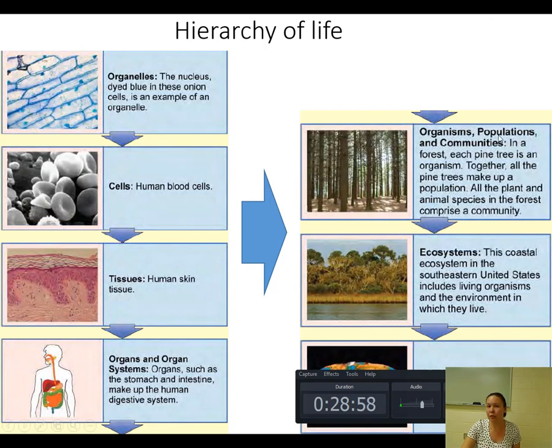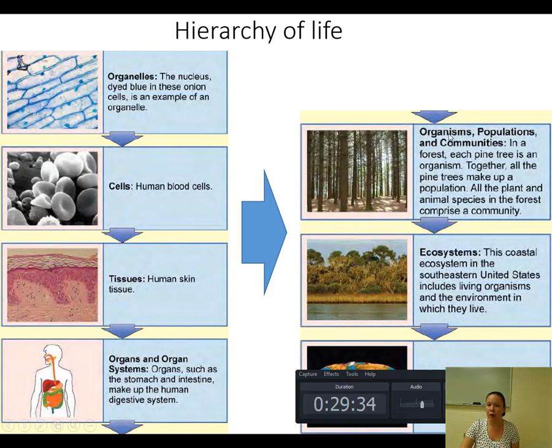And when you take two different species and put them together and have them interact with each other, that's called a community. And then when you build on top of that community by adding abiotic factors, so non-living things like sunlight, soil, nutrients, when you put all of that together with several different species, that makes up an ecosystem. And then all of the ecosystems on Earth together make up the biosphere. Biosphere is at the top level of the hierarchy of life.